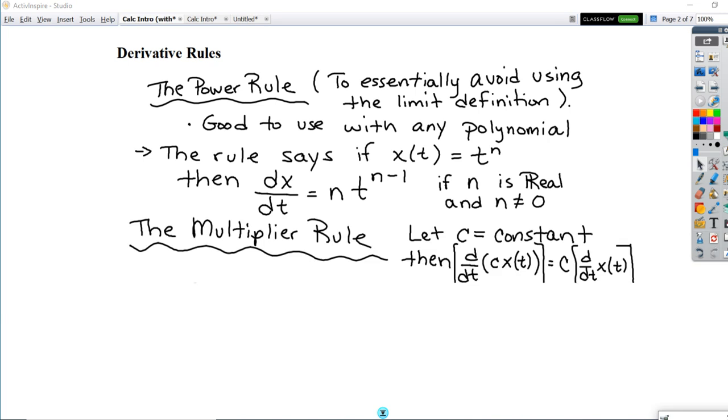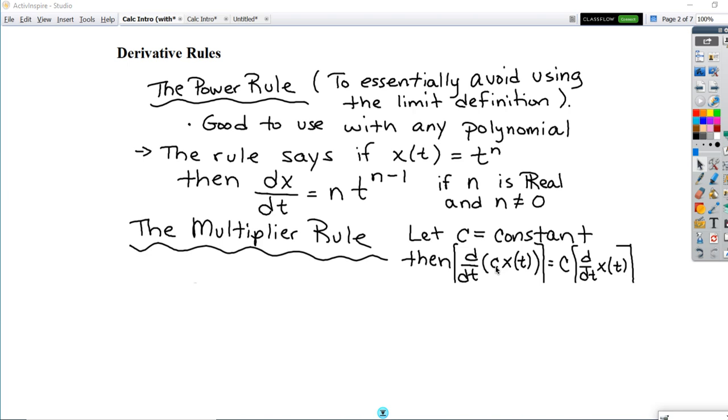The second rule is the multiplier rule. Let c equal a constant in this example. So it could be any number. Then if I take the derivative of that constant times my function, that equals the constant times the derivative of my function.